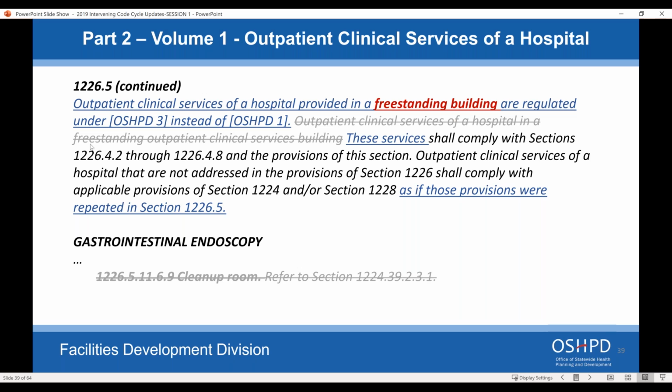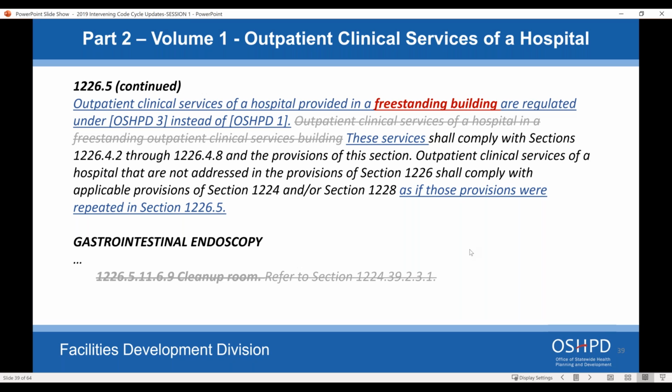And then the services shall comply with 1226, which is your clinical requirements. Outpatient clinical services of a hospital that are addressed in provisions 1226 shall comply with the applicable provisions of 1224 and or 1228, as if those provisions were repeated in 1226.5.